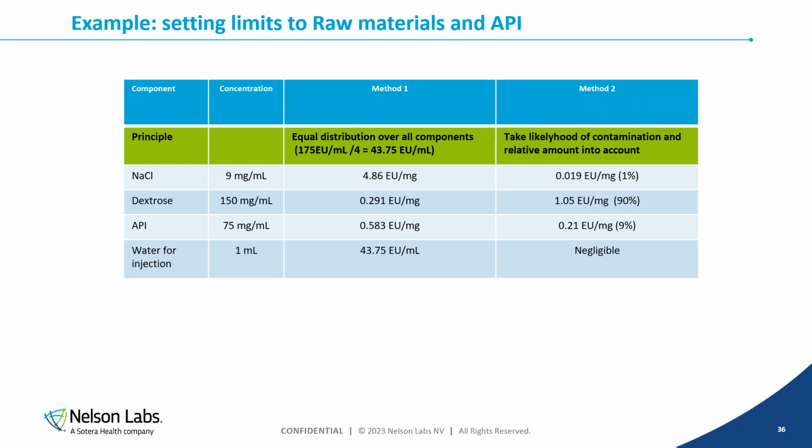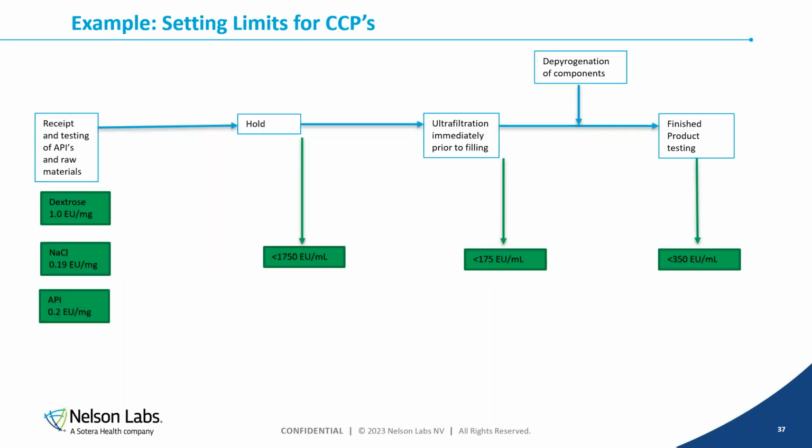And saline has then, of course, a very low specification, the same for the API. And since water for injection has already guaranteed such a low amount of endotoxins, we are going to ignore the water for injection. So by doing all this, we find limits for all our critical control points.